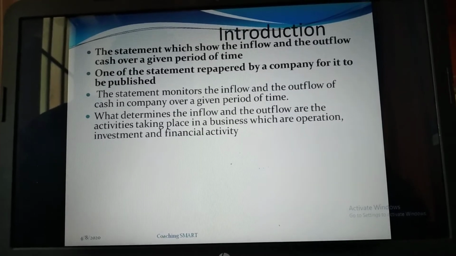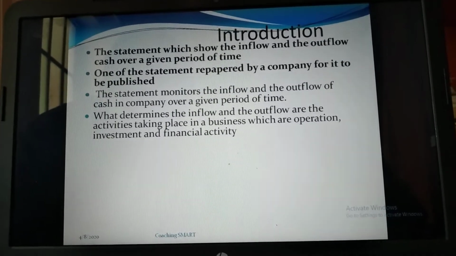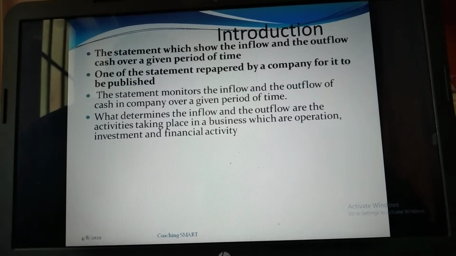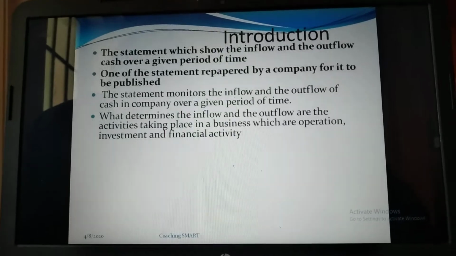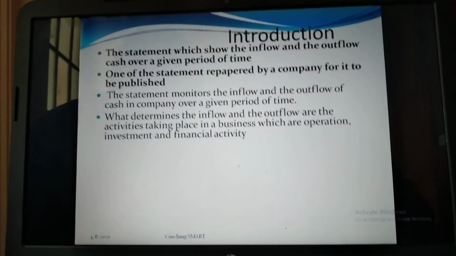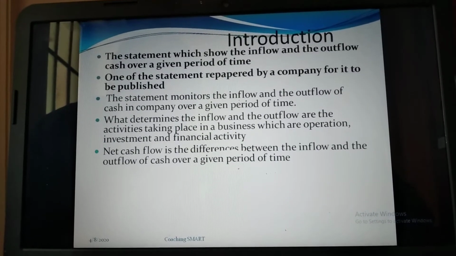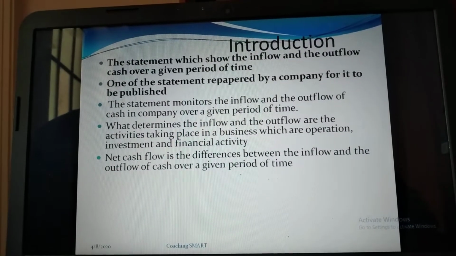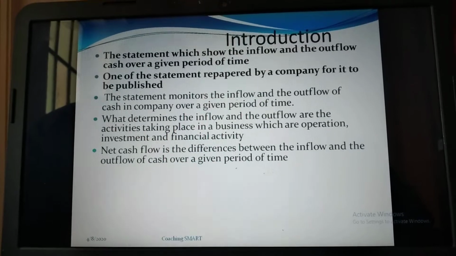What determines the inflow and the outflow are the activities taking place in a business, which are operational, investment, and financial activity. Net cash flow is the difference between the inflow and the outflow of cash over a given period of time.